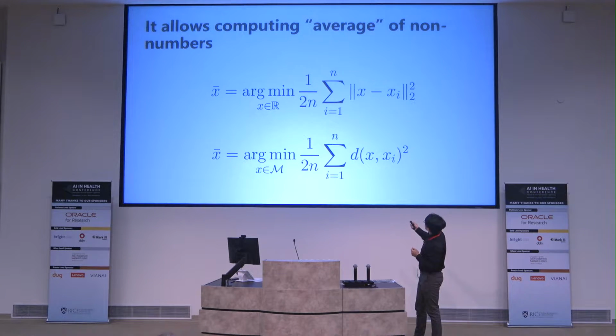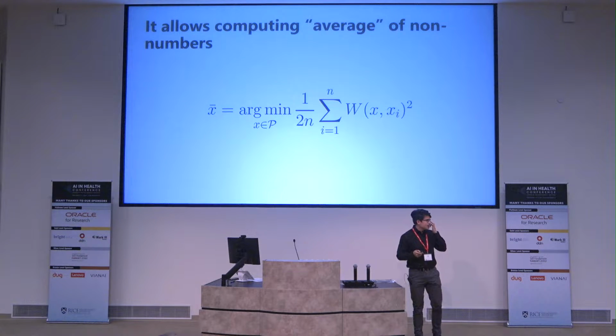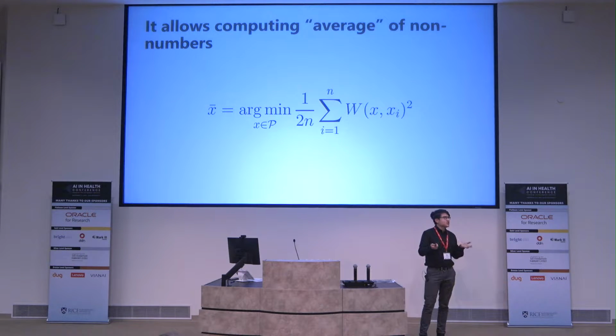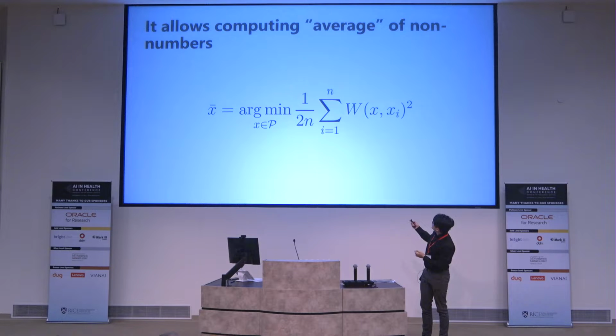So instead of measuring distances in the Euclidean way, let's replace the distance between point x and xi with some generic distance. And what distance do we want to use? Well, the optimal transport distance. So in this sense, the average shape of a bunch of non-numbers is the solution of this optimization problem, where W is the optimal transport distance between the points.